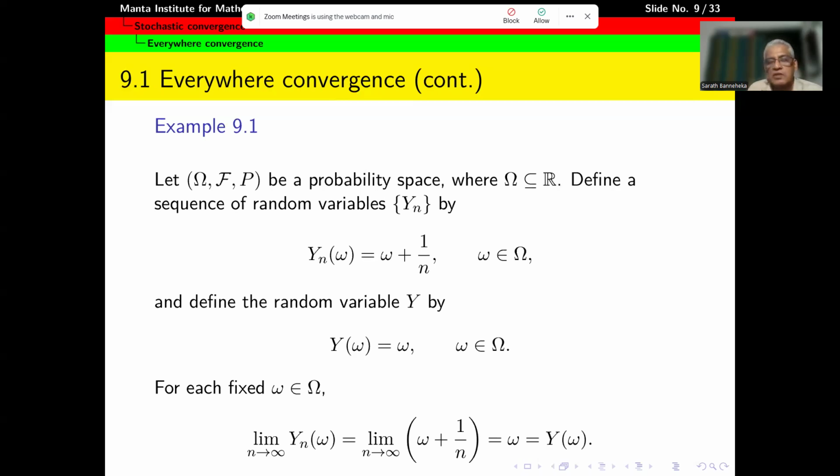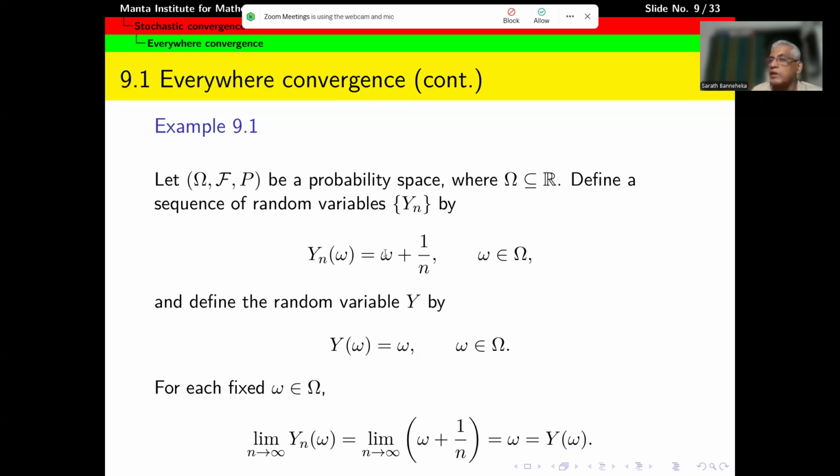And here let us consider that the sample space is a subset of the real line. Let us assume that our sample space is a subset of a real line. And define a sequence of random variables yn like this. Yn evaluated at omega will be equal to omega plus 1 over n, right? Because now capital omega is a subset of R.